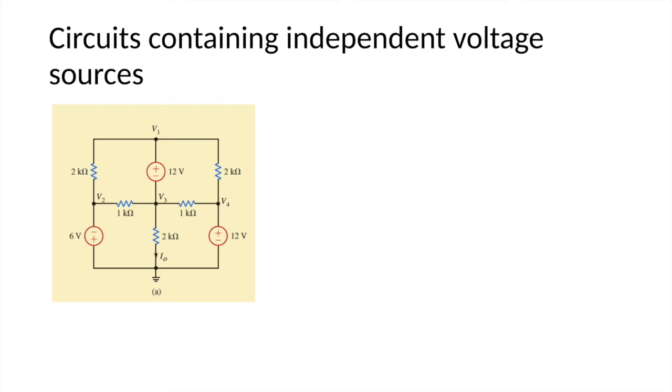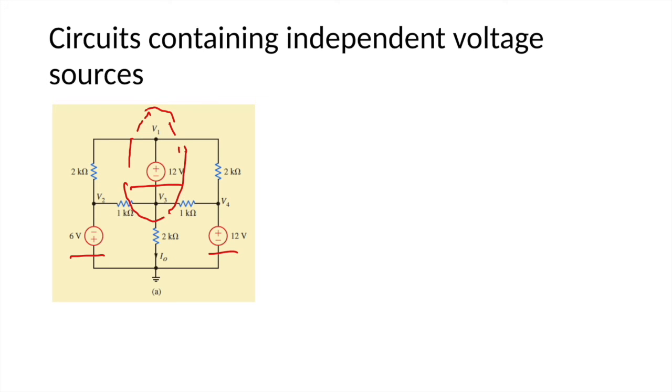Let's take a look at another example. This example has three independent voltage sources. Two of them are directly connected with the ground, and one is not directly connected with the ground. So we choose a supernode.